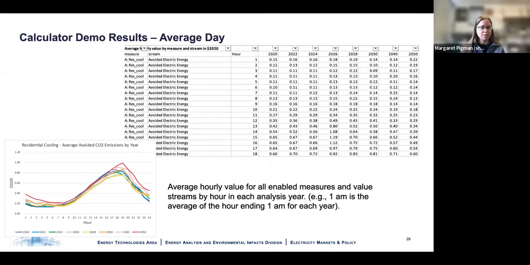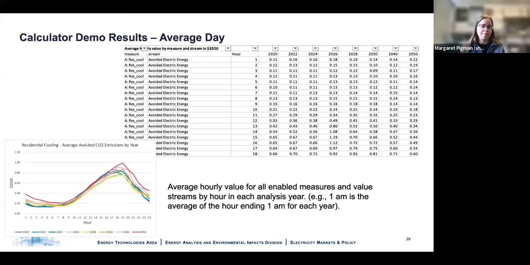And now we're going to get into some of the tabular outputs. I've made an example graph for each of these types of results, but really they're very flexible and you can choose to look at them however is useful to you. This data table shows the average value for each measure in each year for each hour of the day.